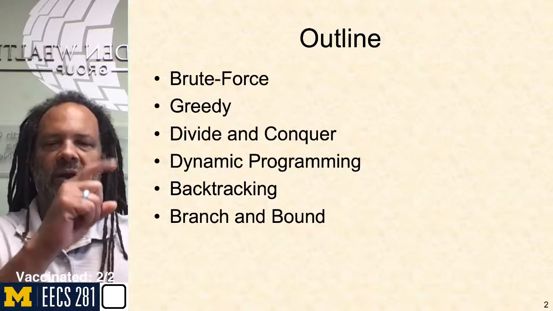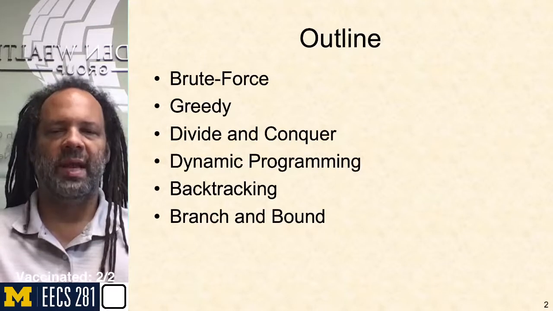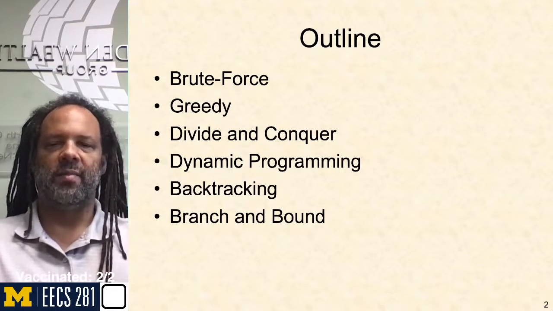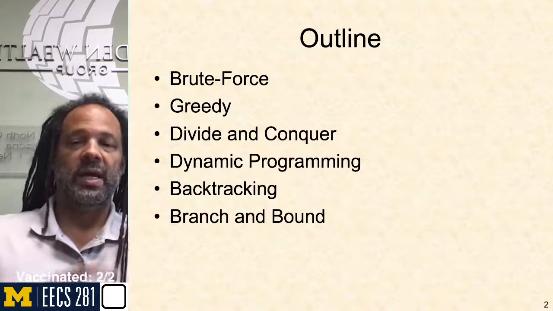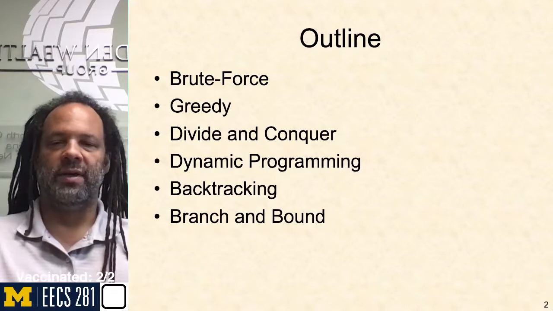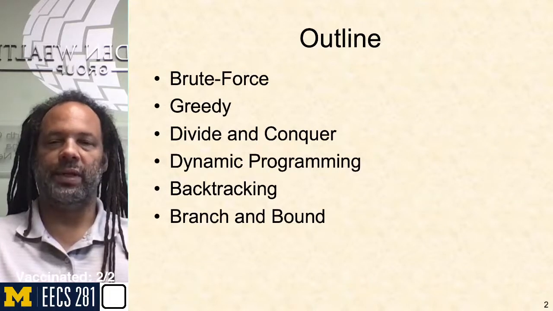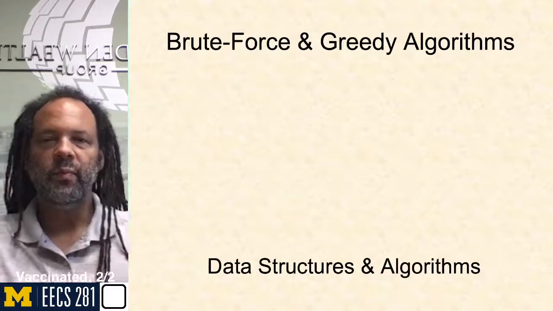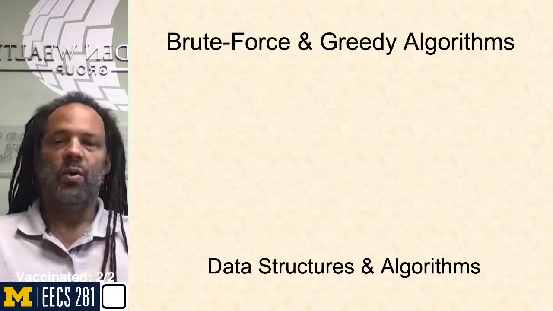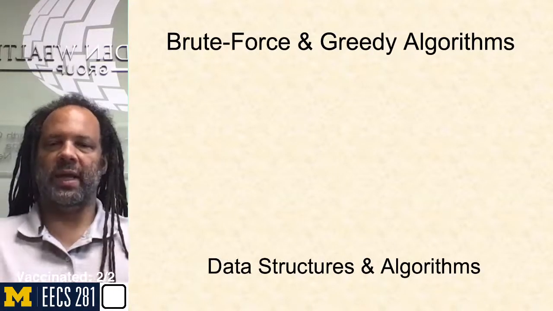The next pair, divide and conquer and dynamic programming, also have some similarities, and we kind of talk about them and compare and contrast them in these pairs. And lastly, down at the bottom, we've got backtracking and branch and bound, which have some very strong relationships as well.